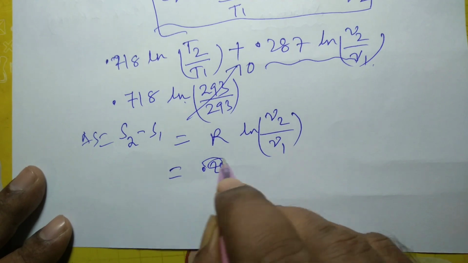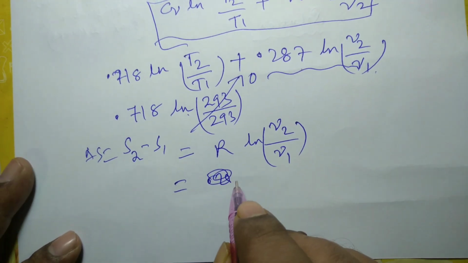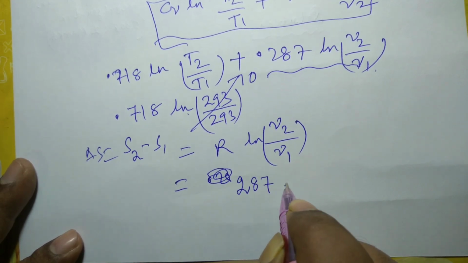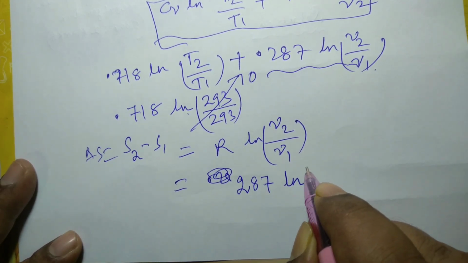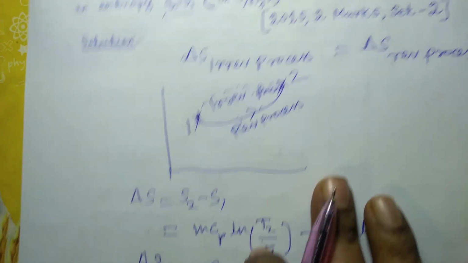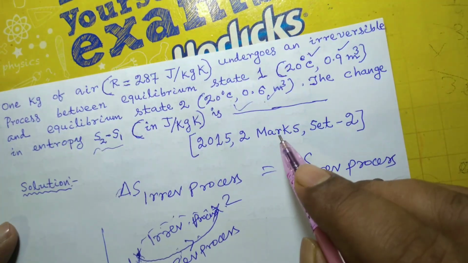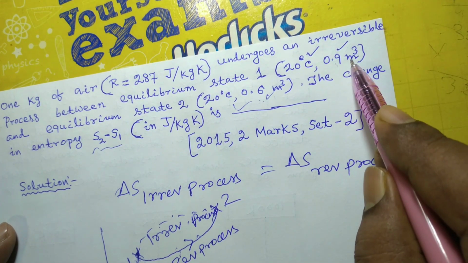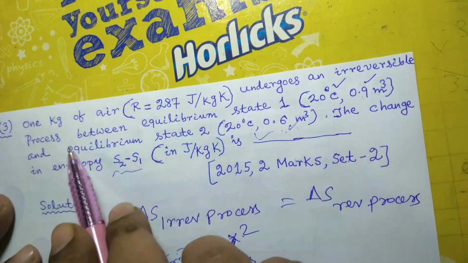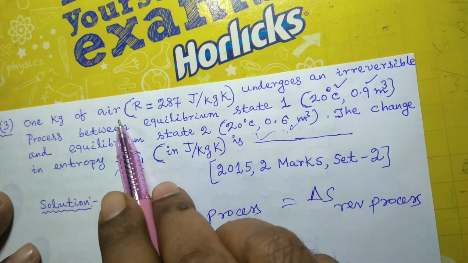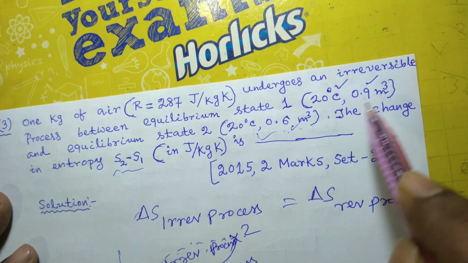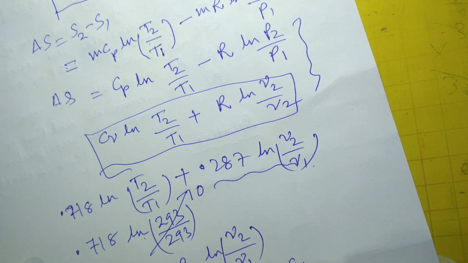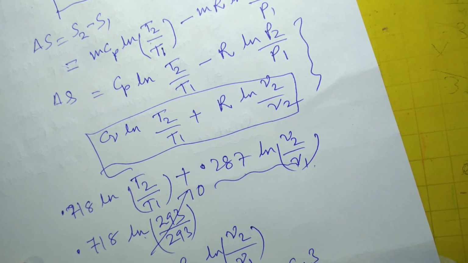Since we have to find the answer in terms of joule, we will take R in terms of joule: 287 ln of V2, which is 0.6 meter cube, over 0.9 meter cube. In fact, this is specific volume because the amount of air is given to be 1 kg. So the volume of 1 kg of air means this is specific volume. So 0.6 meter cube divided by 0.9 meter cube.